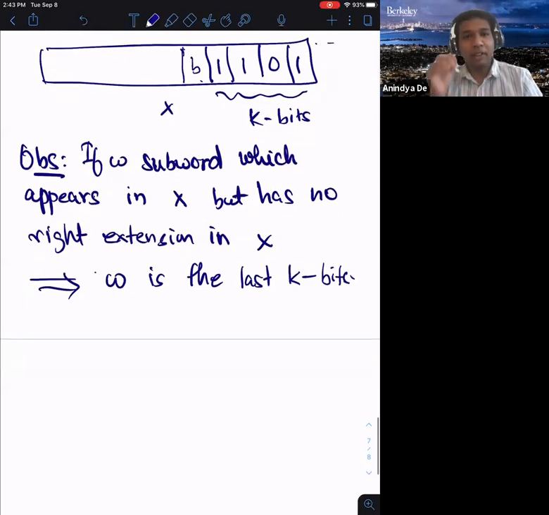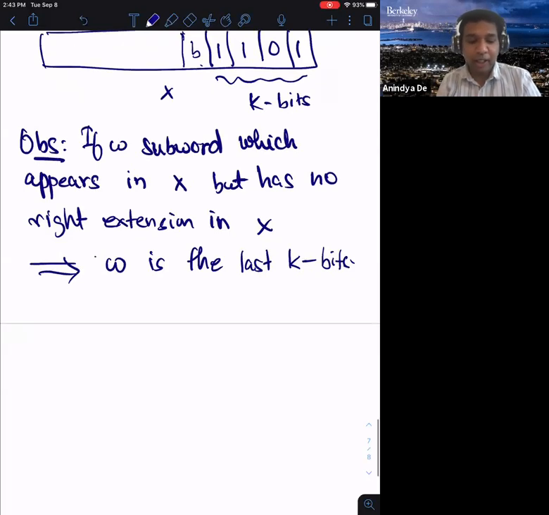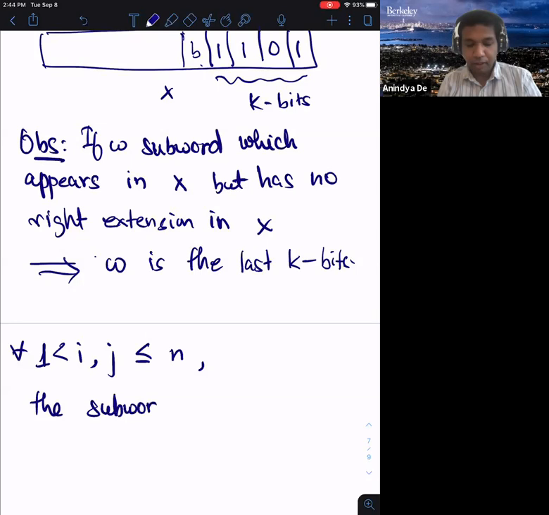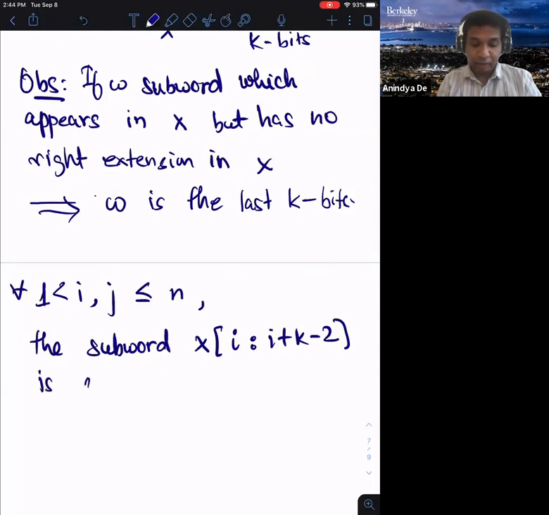If you work this out, the property that suffices for X, for this extension-based algorithm to work, is that for every i and j in 1 to n, the subword x_i to x_{i+k-2}, the subword of length k minus 1 starting at i, is different from x_j to x_{j+k-2}.